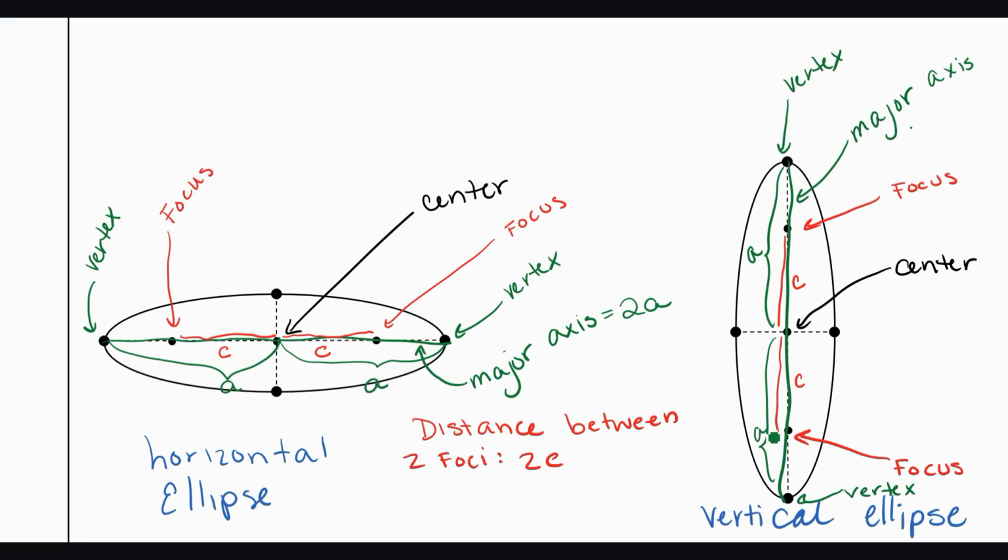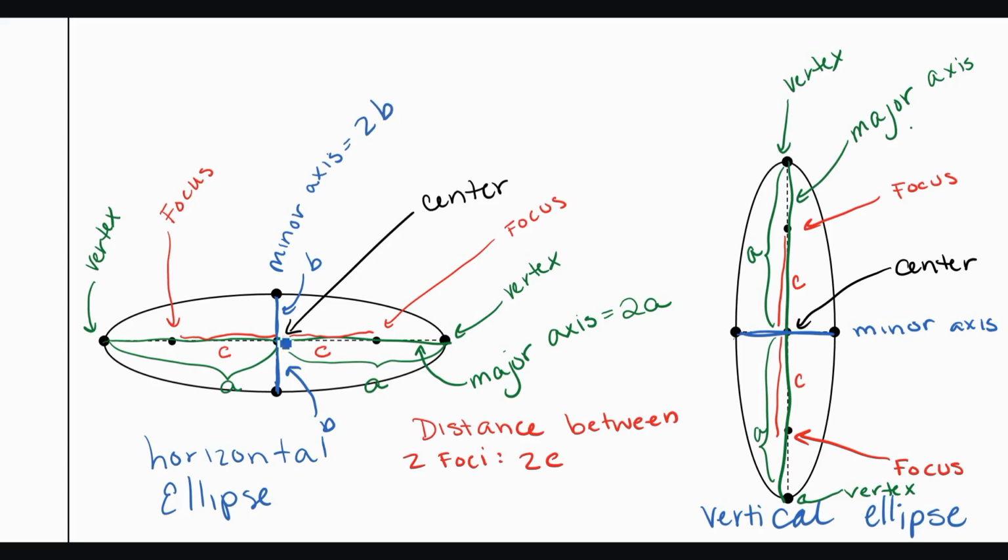Now, the opposite direction. For a horizontal ellipse, this would be vertical, going up and down. This whole thing in blue is called our minor axis. Each half of our minor axis, from the center up here, is B, which means the whole length of the minor axis is 2B.